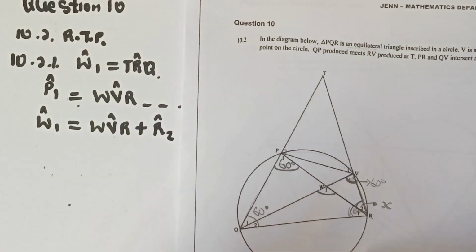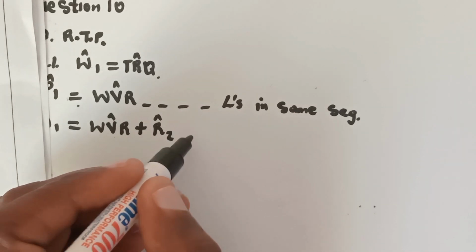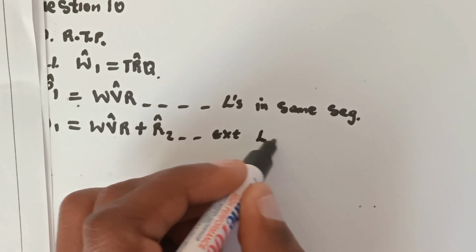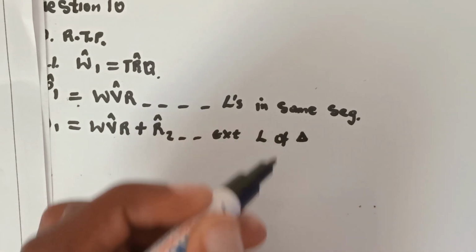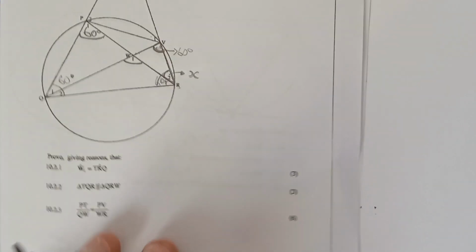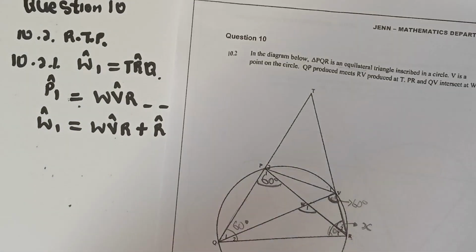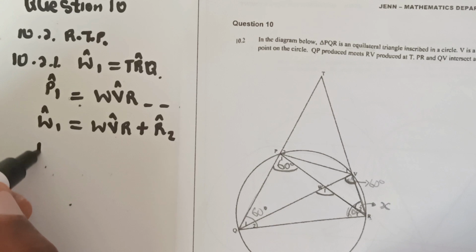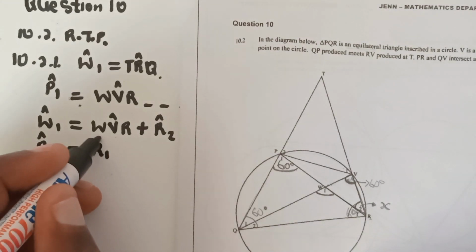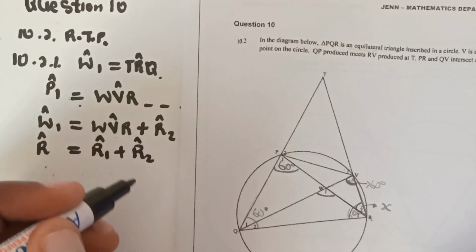Then we say it's an exterior angle of a triangle. Exterior angle of a triangle. And now angle R here is equal to angle R1 plus angle R2.